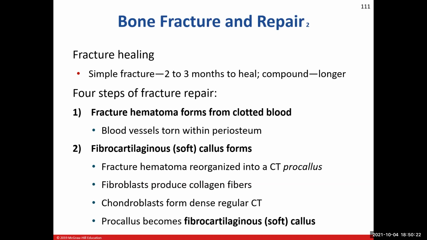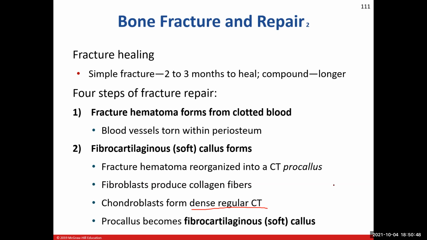Chondroblasts will infiltrate that area, and they'll start laying down that dense connective tissue of the cartilage matrix. They're producing that dense, regular connective tissue, very strong. A mixture of all of this produces our soft callus, also known as our fibrocartilaginous callus.